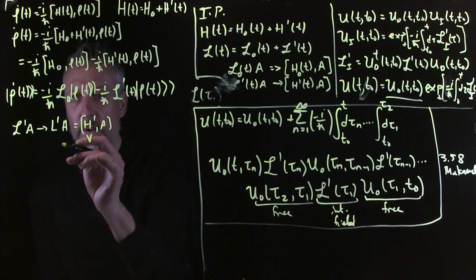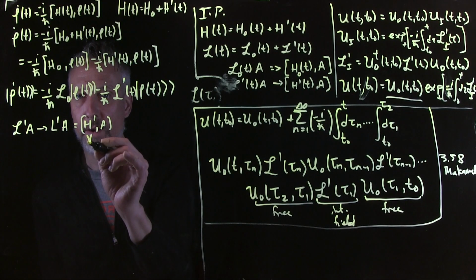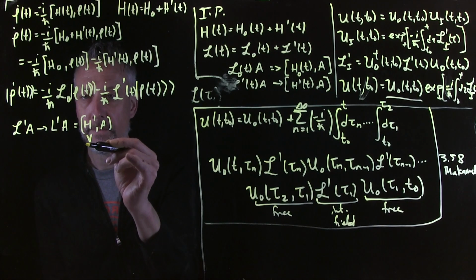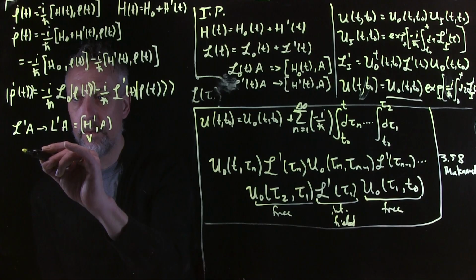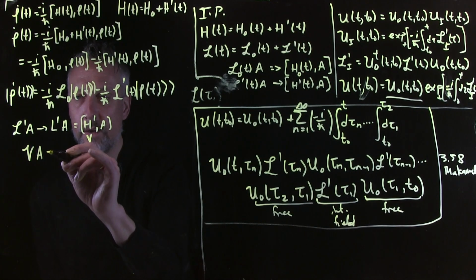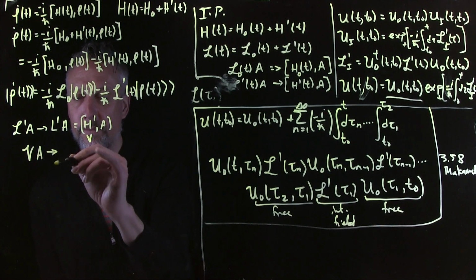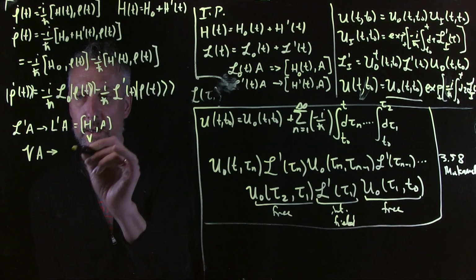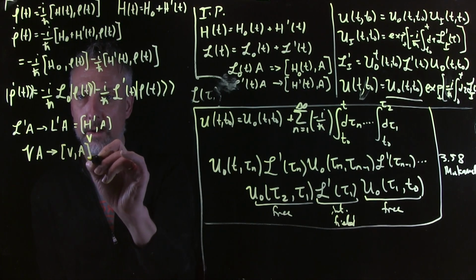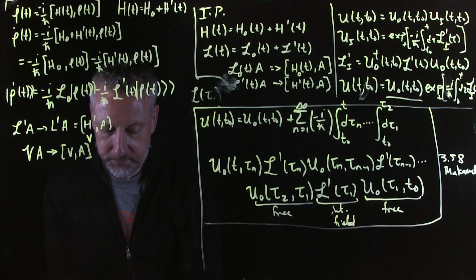So then if I go backwards, I could have a Liouville operator, say V, operating on A, will correspond to the Hamiltonian associated with V. So this would be corresponding to V commutator with A. Okay?